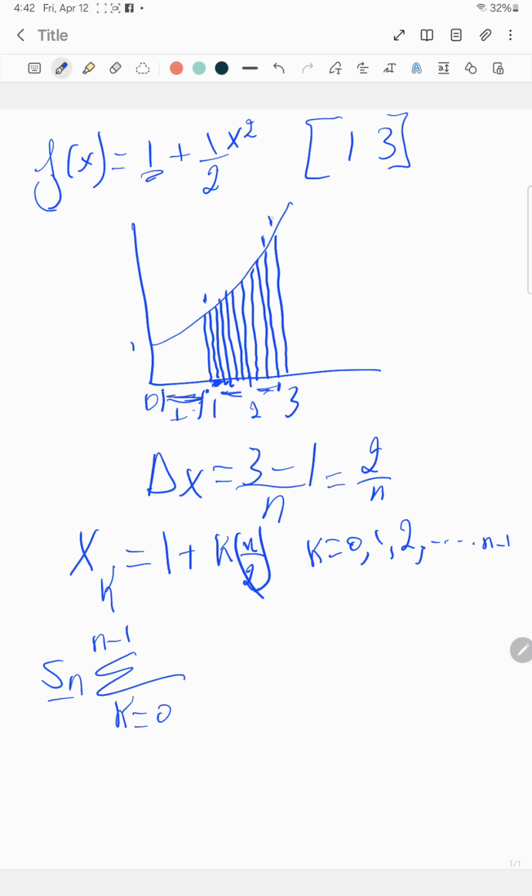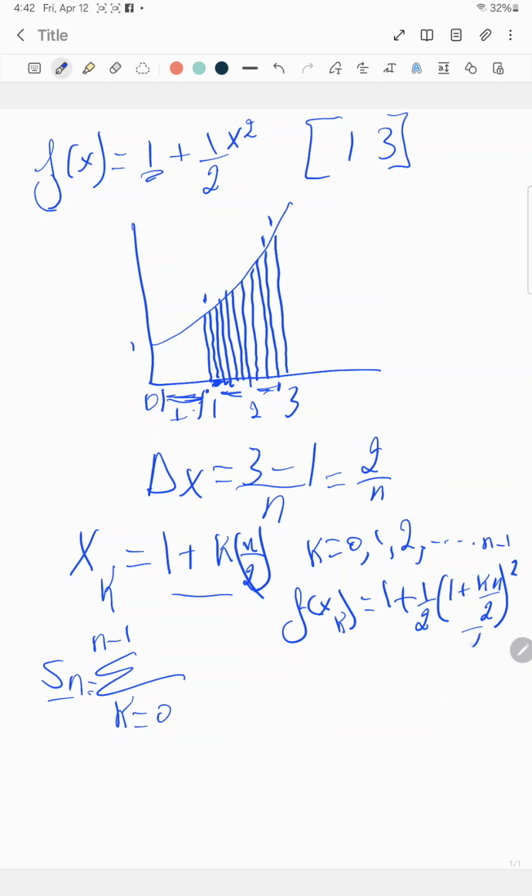So if I want the sum of all the rectangles under the curve, S of n will become the sum of f of x of k. It is equal to 1 plus 1/2, instead of putting x here, I will put x of k, which is 1 plus k times 2 over n, squared.